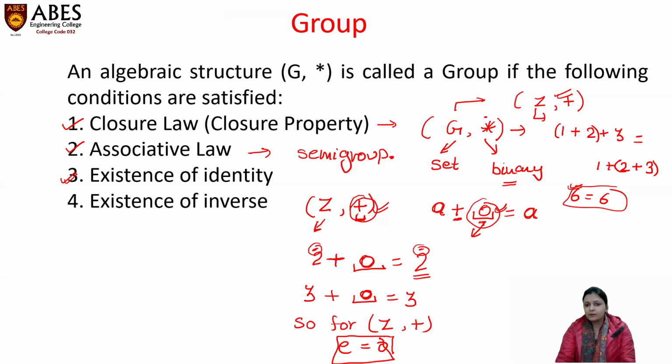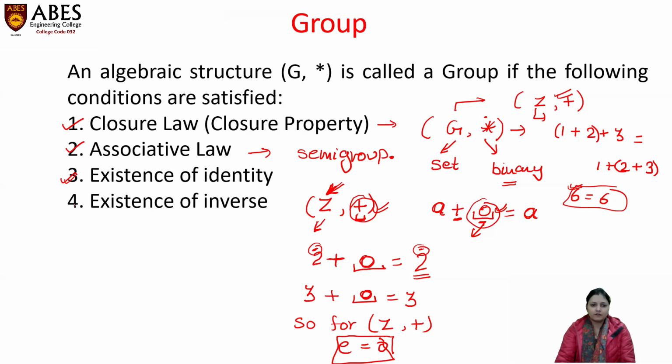Now we have to check whether this identity element exists in the set given in the group or not. If that identity element exists in the set, then we can say that the third property is also satisfied, that is, the existence of identity element is satisfied.